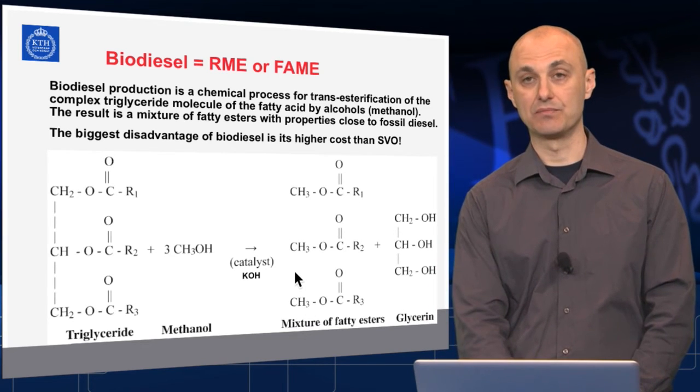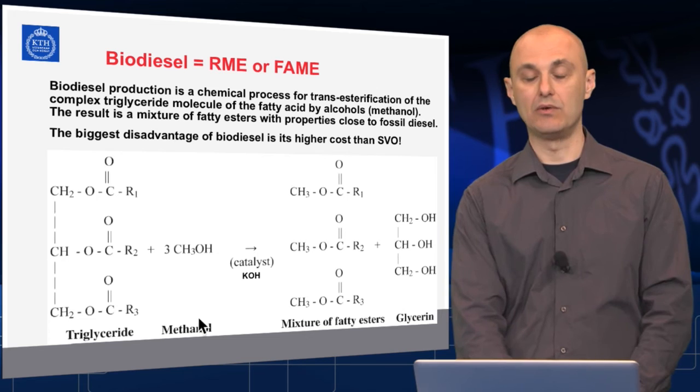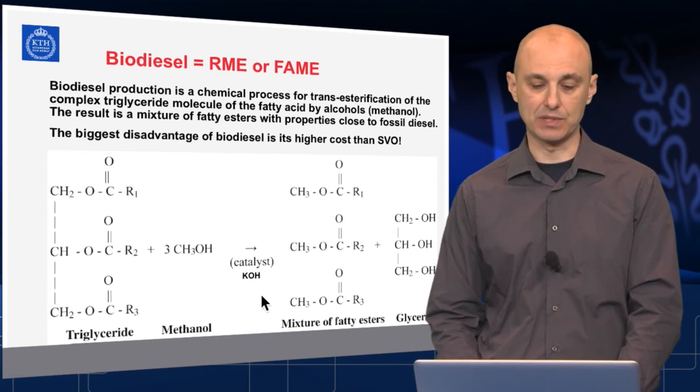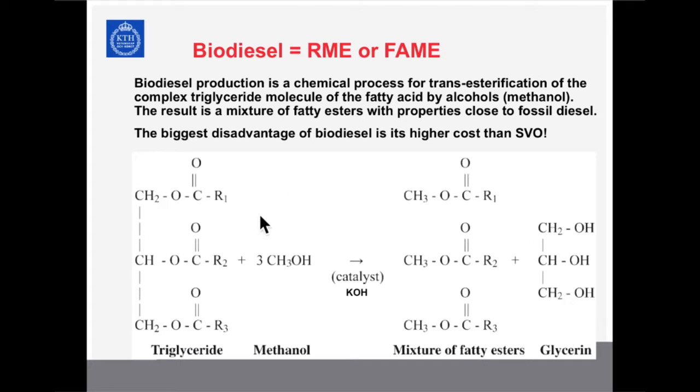Alkaline solutions are the most practical catalyst for the transesterification process. What the alcohol does is break the complex carbon chains into separate esters produced from the fatty acids, the so-called fatty esters, with a glycerin molecule as a residue product.